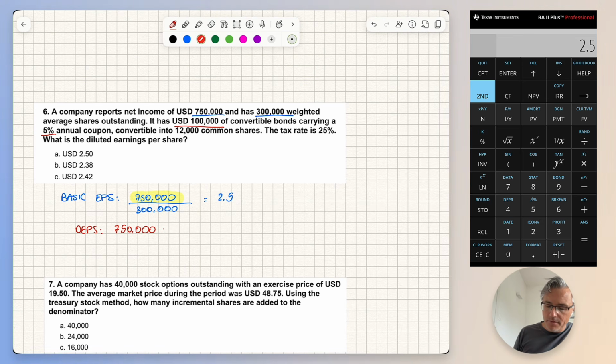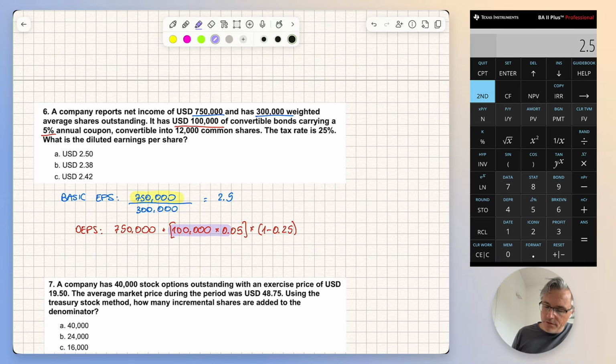I mean, assume it is the nominal value of the bonds. $100,000 worth of convertible bonds carrying an annual coupon of 5%. So that's going to be our sort of gross saving. But once you factor in the tax shield, so the fact that paying interest brings a tax saving, we need to multiply that by 1 minus 25%. So effectively 75% of that is the benefit.